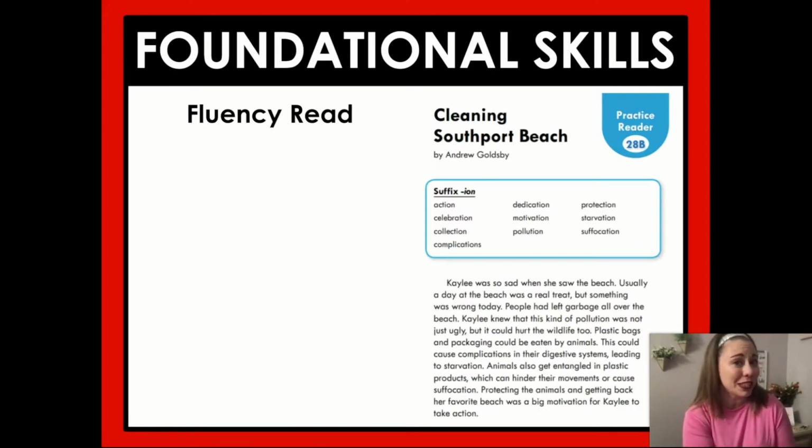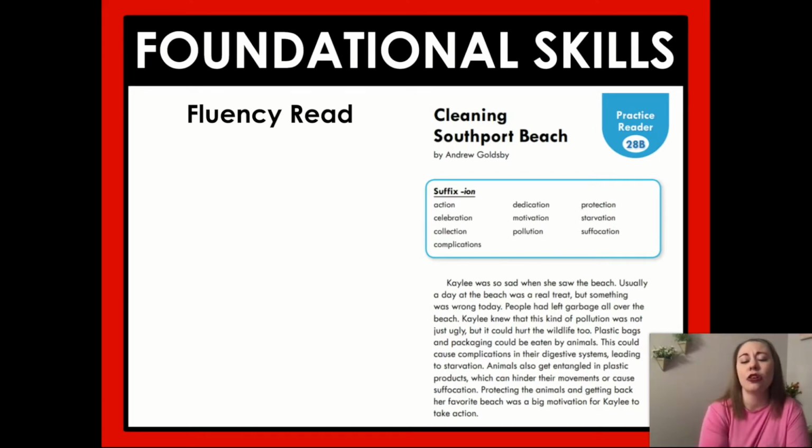For your foundational skills practice today, you have a fluency read with words that have the suffix ion. For example, you have the words action, celebration, collection, complications, dedication, motivation, pollution, protection, starvation, and suffocation.